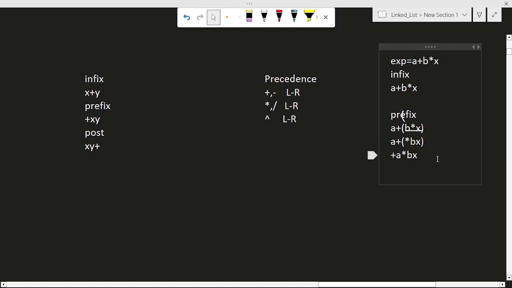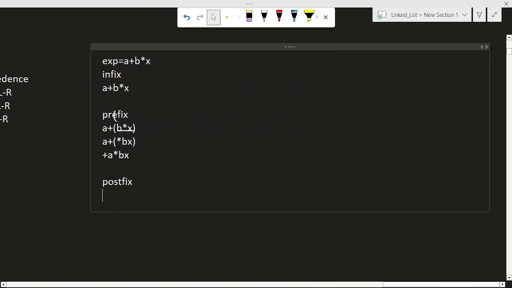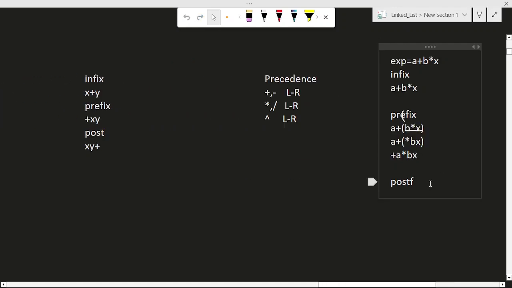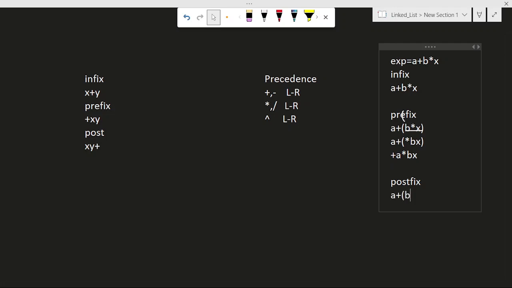So let me write the postfix for this. Postfix for a plus b star x. It is again similar to what we did for prefix, but this time I will take a plus b. Again you put the bracket for the one which you need to solve.